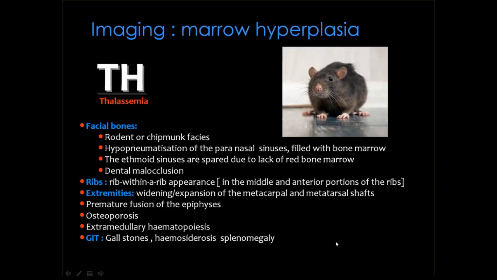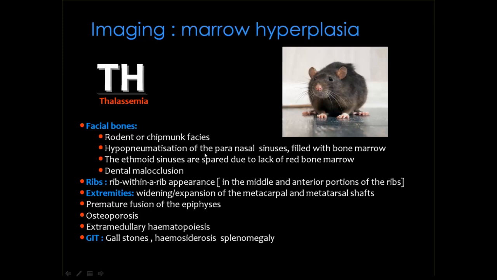Then the rest of the changes along the skeleton and in the body due to bone marrow hyperplasia include the affection of the facial bones resulting in the rodent facies, which I will show.